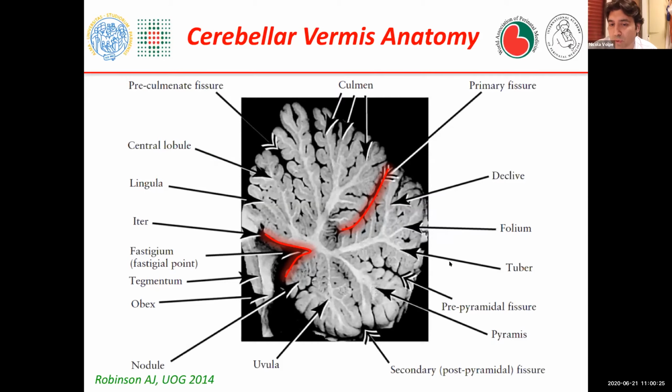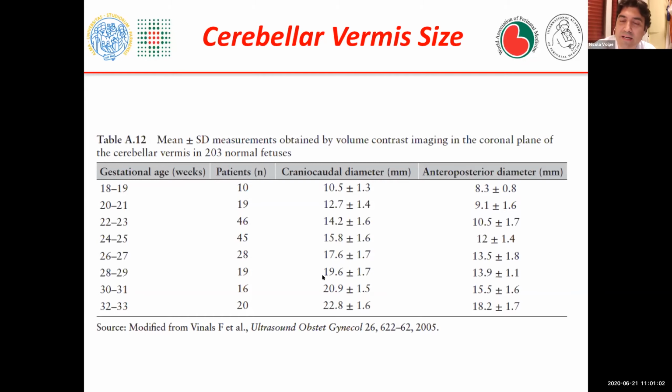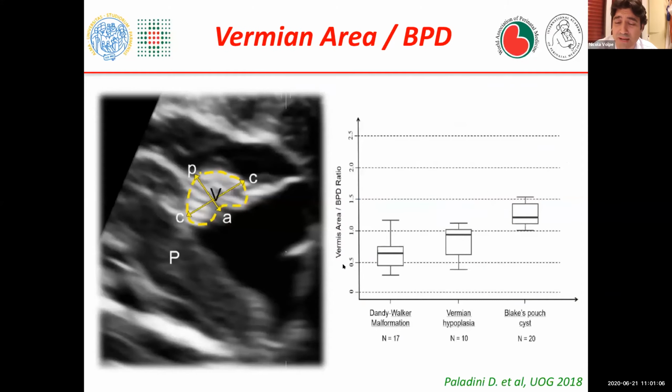You can see a lot of details, but let's not focus on very difficult things. Let's talk about simple things to measure. If we want to measure the vermis, we can detect a small one, and these are the normal ranges of the diameters of the vermis. But actually, I consider it a bit easier to calculate the area.